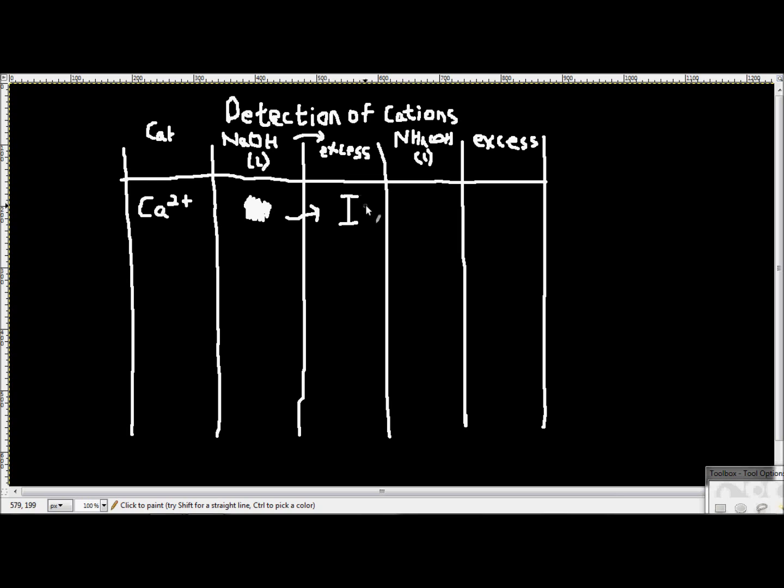Now in NH4OH, any calcium compound where calcium is a cation will give no precipitate. So I'm going to make a dash here, and of course if there's nothing here, there'll be nothing here also. The way to remember this, at least the way I remembered it, you could write this as a W representing white precipitate.